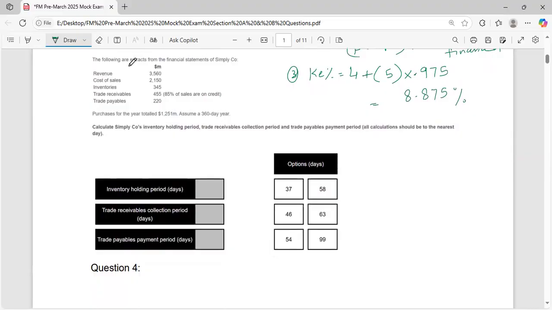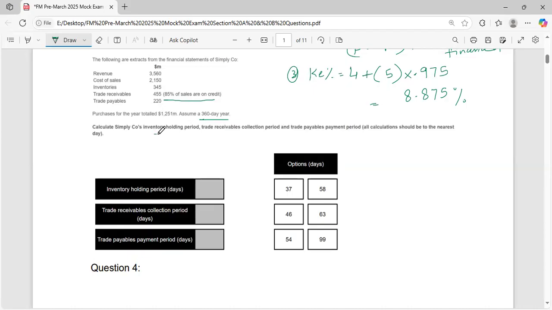The following are extracts from the financial statement of Simply Company: revenue, cost of sales, inventories, trade receivables, 85% sales are on credit, trade payables, purchases for the year totaled $1.251 million. Assume a 360-day year.